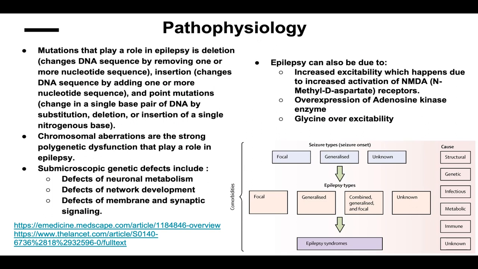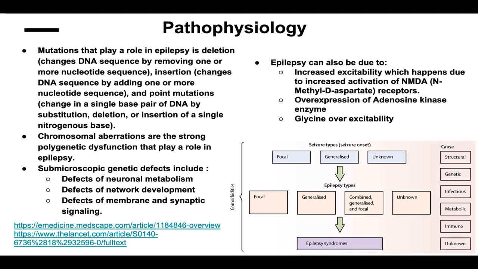So, moving on to the pathophysiology, there are mutations that play a role in epilepsy, which is deletion. A deletion is when there's a change in a DNA sequence by removing one or more nucleotide sequence.